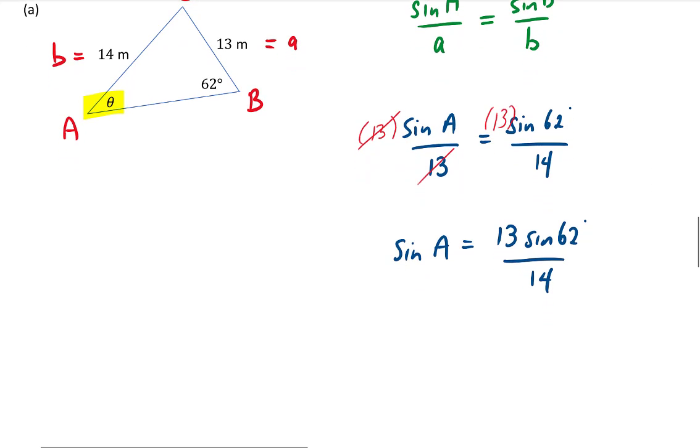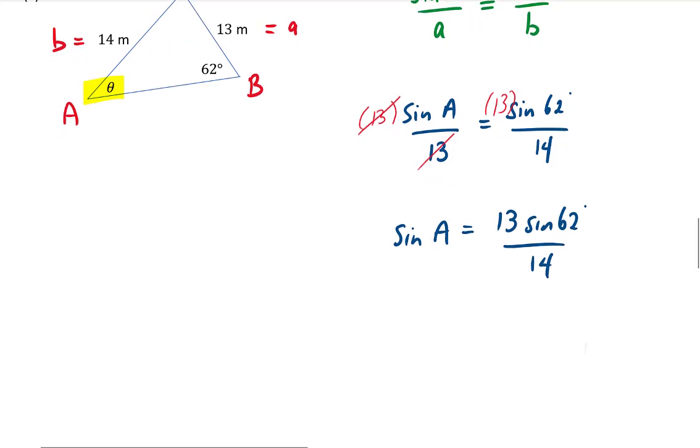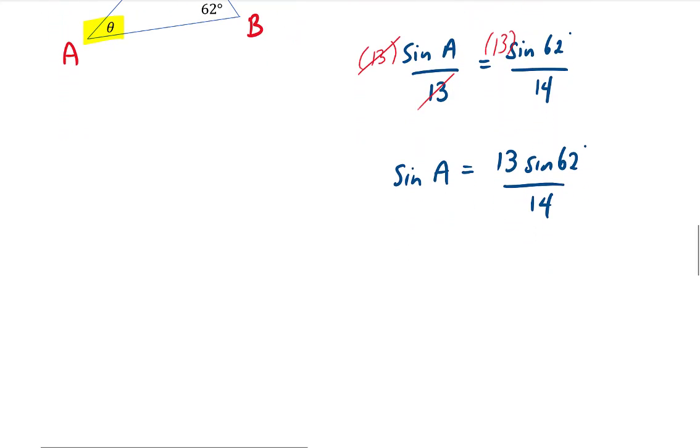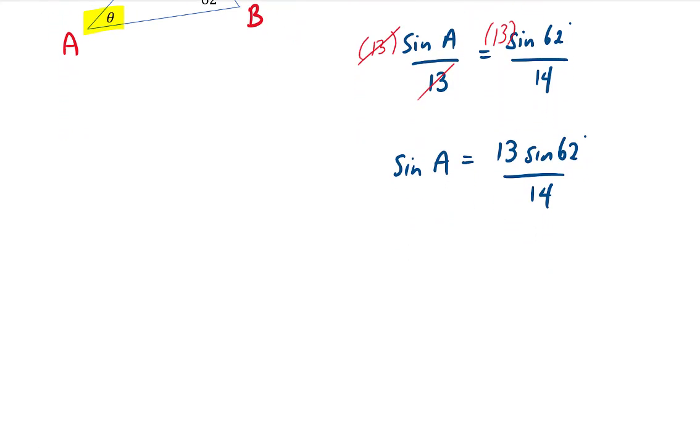So the only difference between this and the previous examples is we have one more step. We need to find the angle, and right now all I have is the ratio. So to find the angle, remember we have to undo the sine. So to undo the sine, we're going to do the sine minus 1 of 13 sine 62 divided by 14.